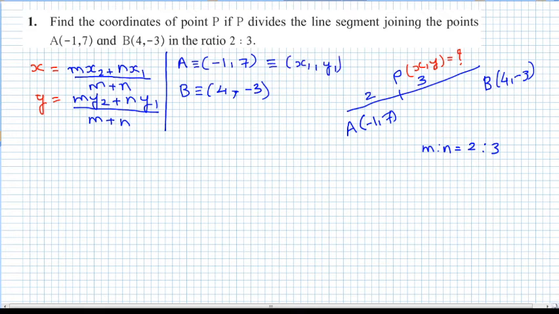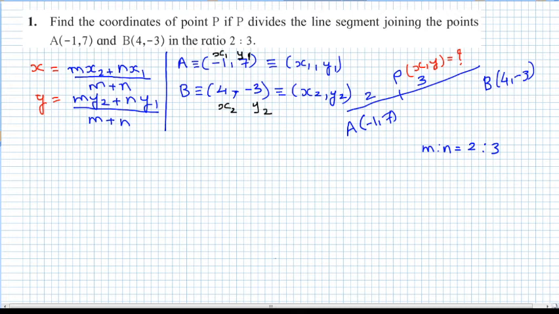Let this point correspond to x1, y1, and let this point correspond to x2, y2. Now we simply need to substitute the values. So A is x1, y1, and this will be x2, y2. M and n we already know.